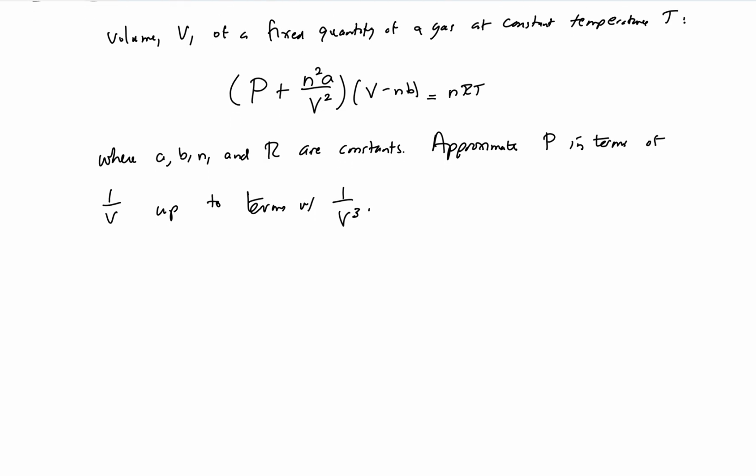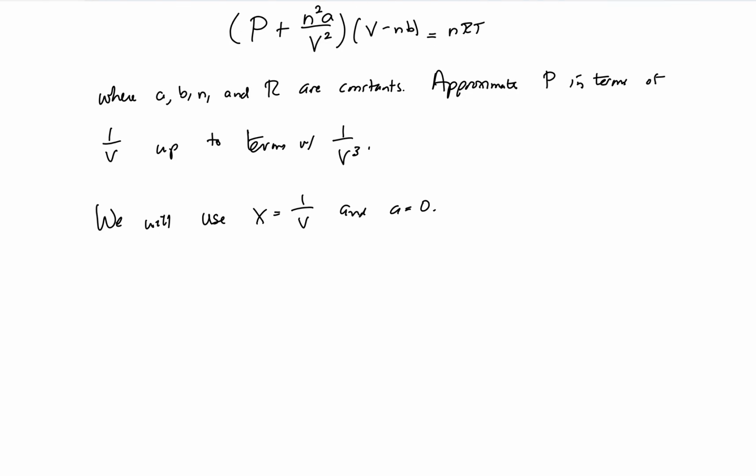So again, we will use here x, our variable will be 1 over V because this should be close to 0 as long as our volume is large. But now what we need to do to start this one is we need to solve this for P.